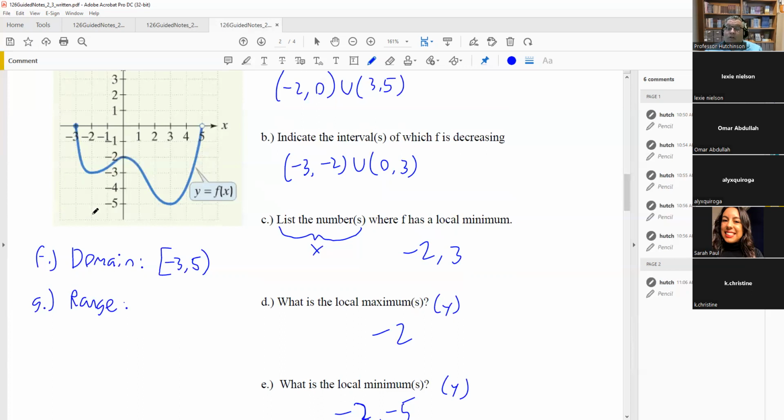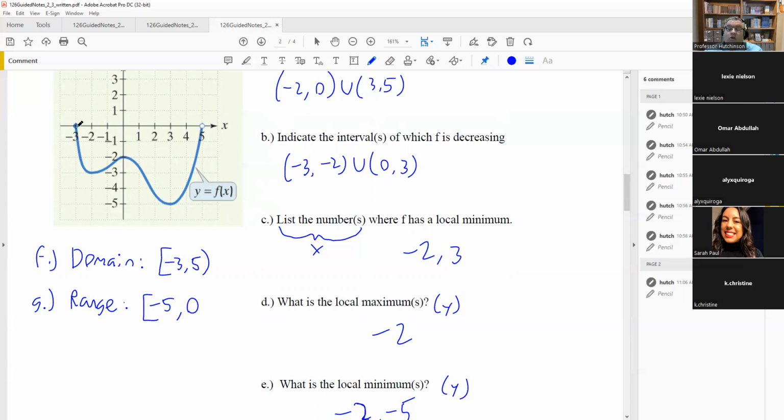The range is talking about the smallest y value to the highest y value. The smallest y value is -5, and then that goes all the way up to the y value of 0. Now the question is whether we have brackets or parentheses. At -5, there is no open circle anywhere, it's a solid line, so I have to put a bracket on that one. There is an open circle at 5, but the closed circle always takes precedence over the open circle.